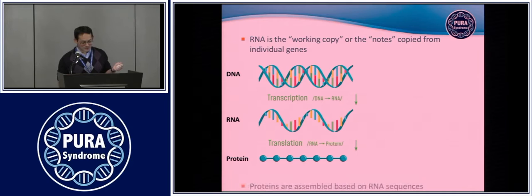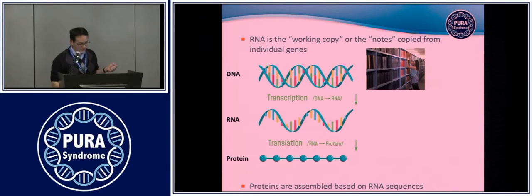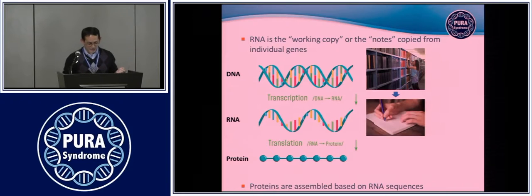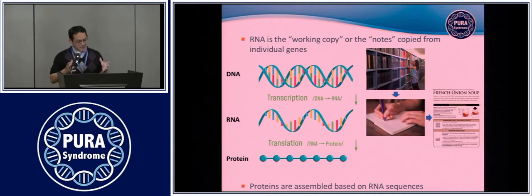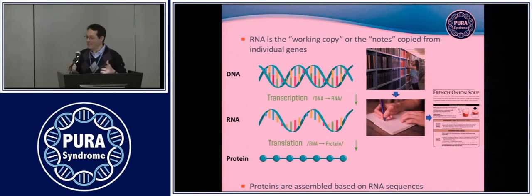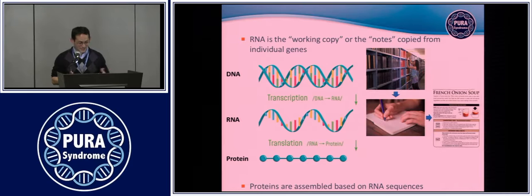I'm trying to figure out analogies here. So you start with your library, okay, and you make some notes. You can transcribe it, it's transcription, and in fact then you need to condense it into something. So for example, you might get a recipe for something, and I know it's just before lunch, so I've put this in. You might have a recipe, but that's not the finished product.